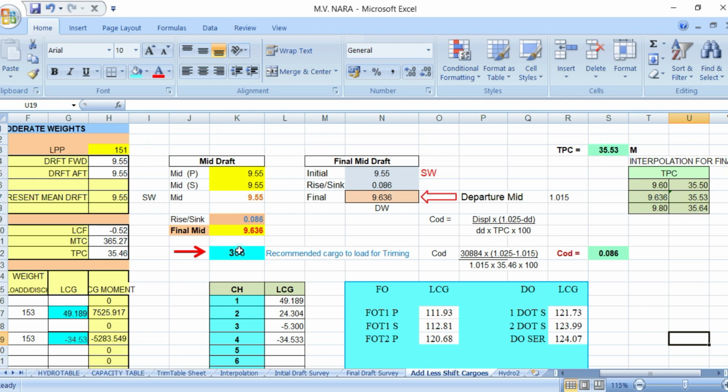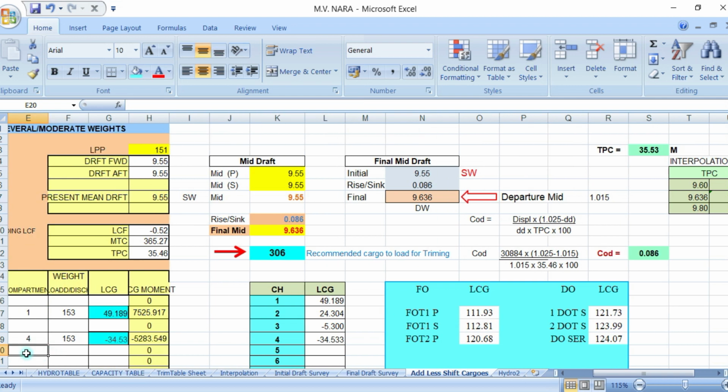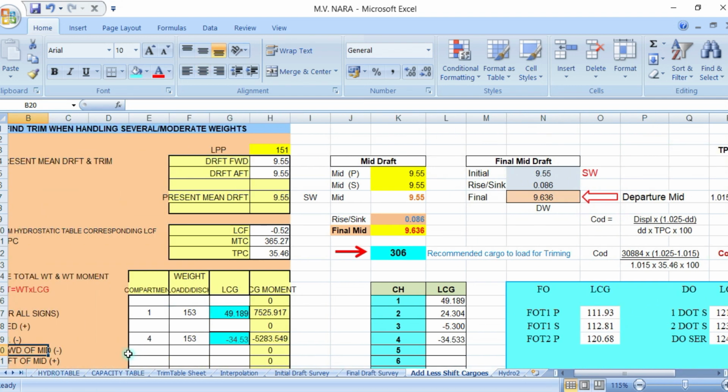So the formula will be sinkage times 100 times your TPC, which is 35.53. So the value will be 306. We want to load 306 to holds 1 and 4.